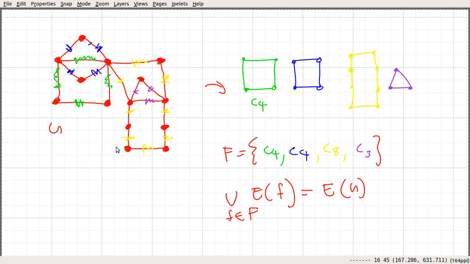But if you look into this graph, you can see that all the vertices have even degree: 2, 2, 2, 2, 4, 2, 2, 2, etc. So it seems like if all the vertices have even degree, then there exists a cycle decomposition.